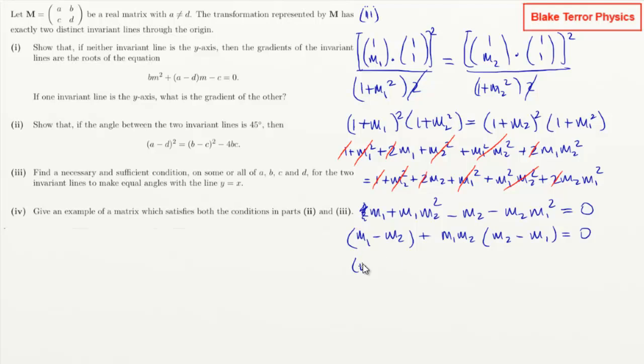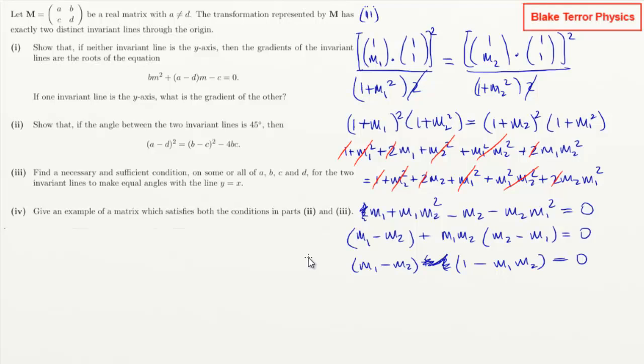So that is m1 minus m2, multiplied by, factorising, I've got a negative of this. So 1 to get that one, and then a minus m1 m2 to get the other one, is equal to 0.